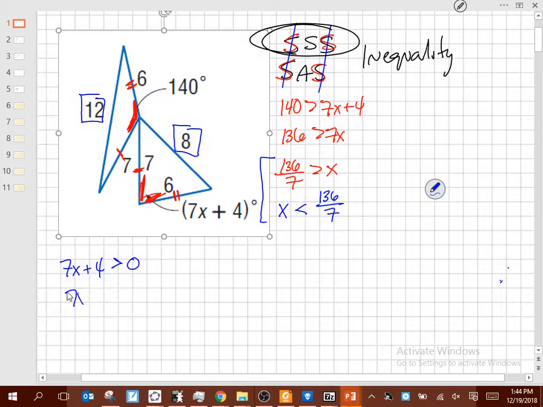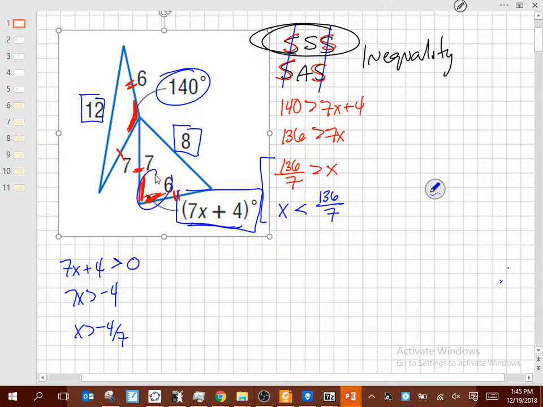So now can I subtract 4 from both sides and do that, right? Is that all right with everyone? Okay. So both these properties need to be true at the same time. This needs to be greater than 0. It has to be a positive number, and this angle here has to be bigger than that angle.